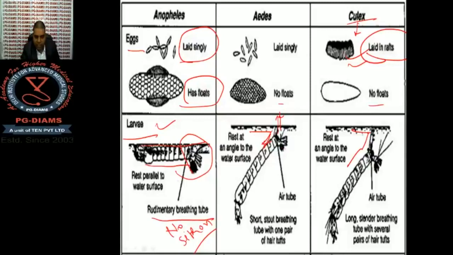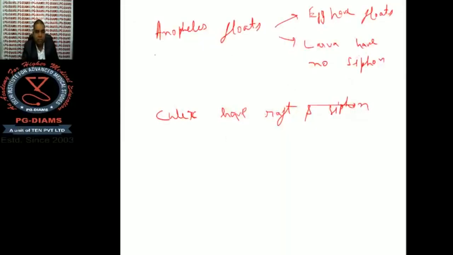So the larvae of Aedes and Culex can go down in water and hang down from the surface because they have a siphon tube, an air tube. Okay, so the only larva found floating at the surface is Anopheles. That's why I write Anopheles floats, because its eggs have floats, and the larva has no siphon.